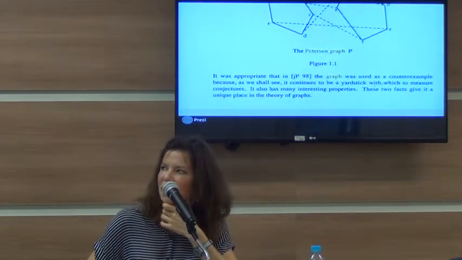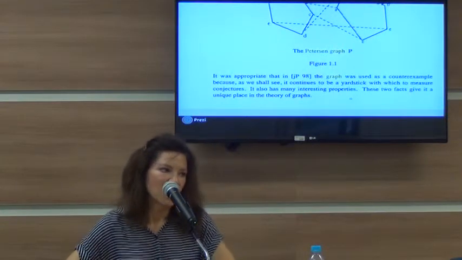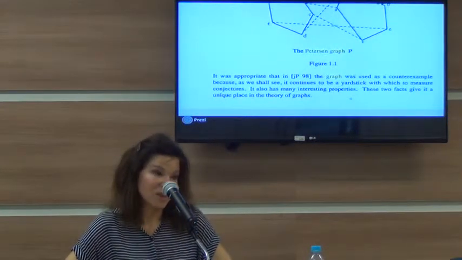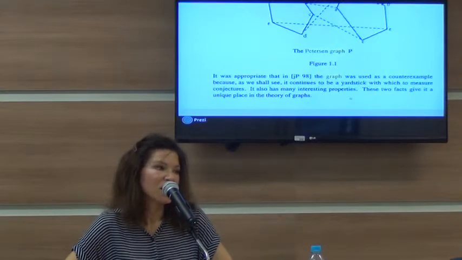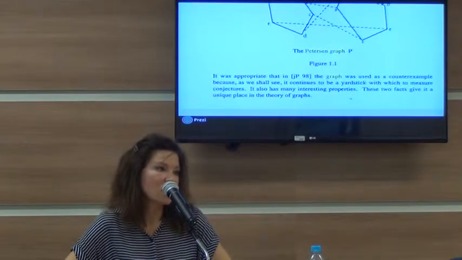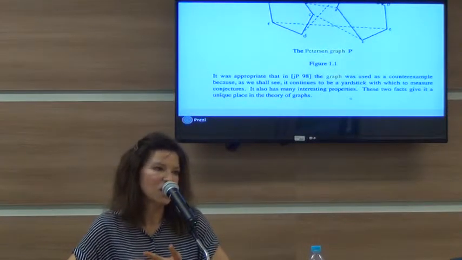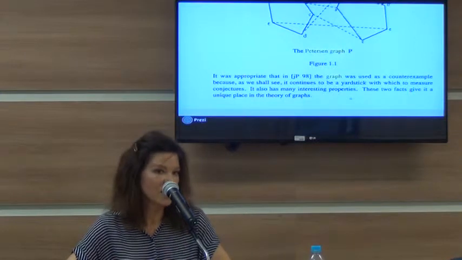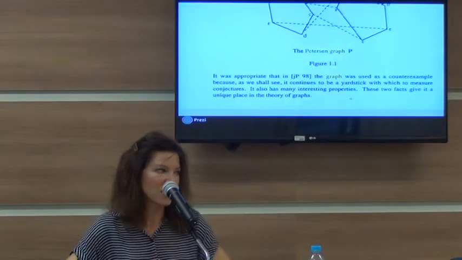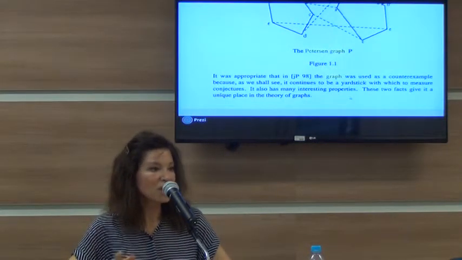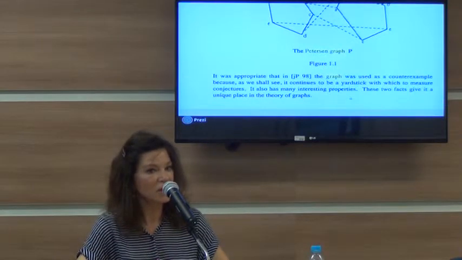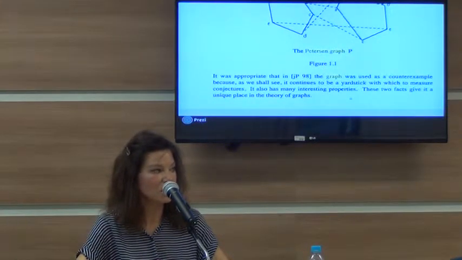What he means here under a yardstick with which to measure conjectures is that Petersen graph has appeared as a counterexample to many wrong conjectures in graph theory. Say somebody suggests a hypothesis, a conjecture, a beautiful theorem or formula, but when they try Petersen graph and consider this conjecture, it turns out it doesn't work.